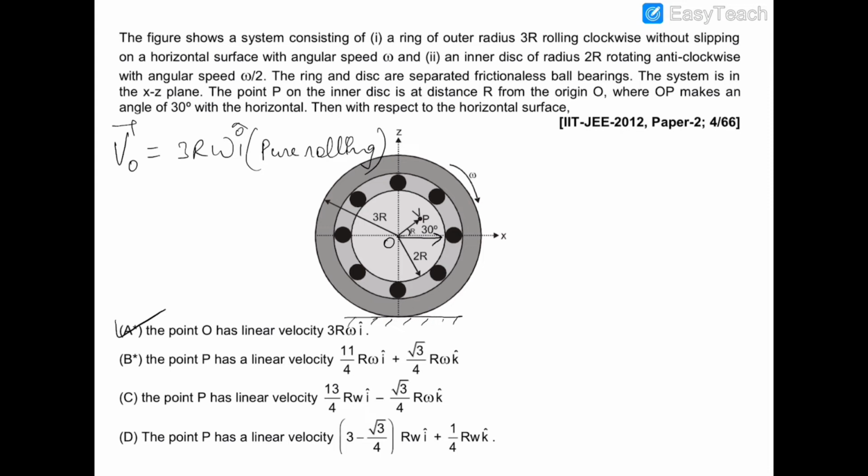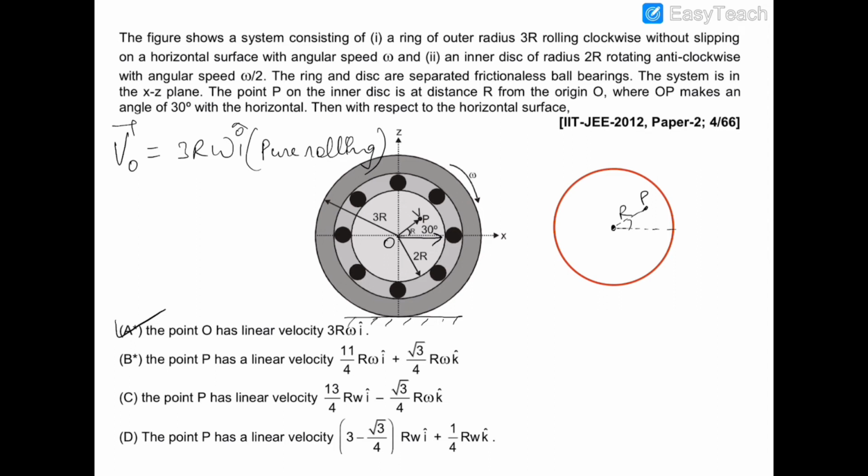So let us draw this point P, and this distance is r. This angle is theta, which is 30 degree.